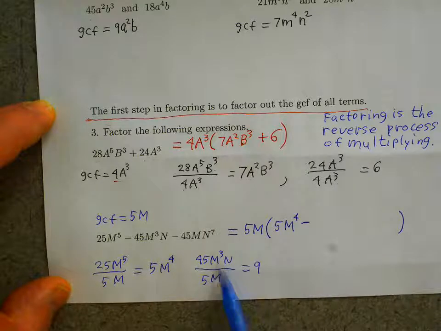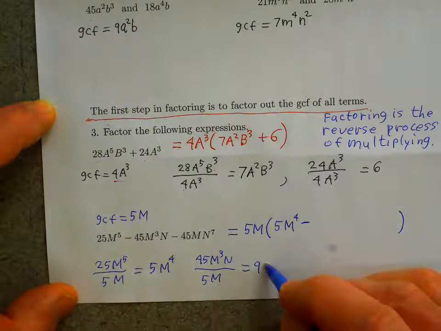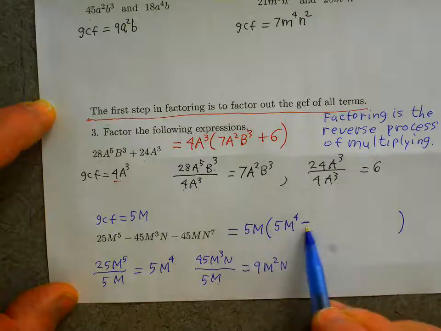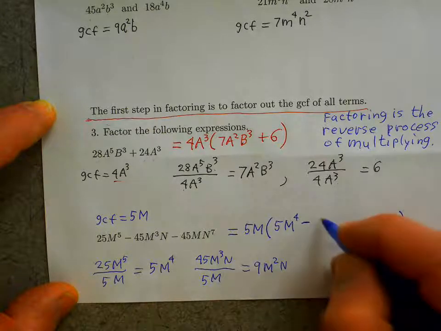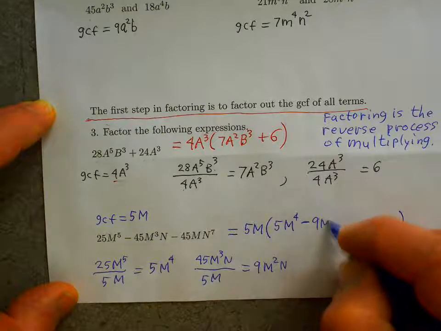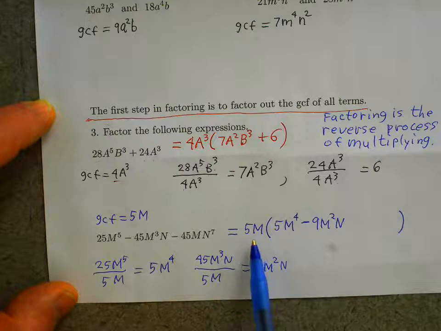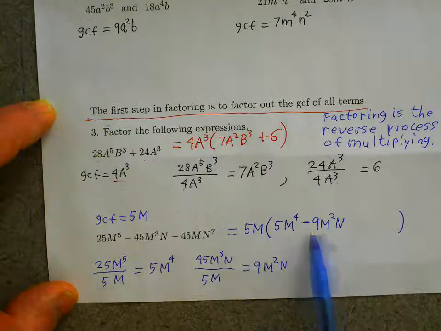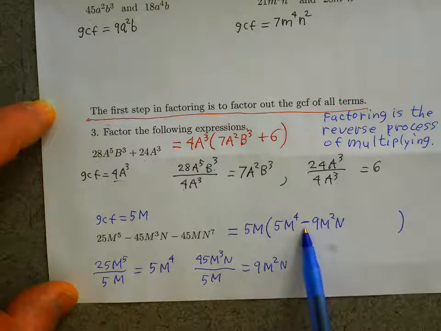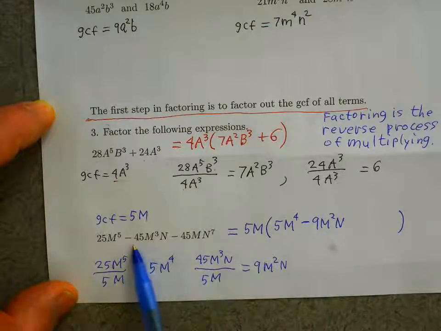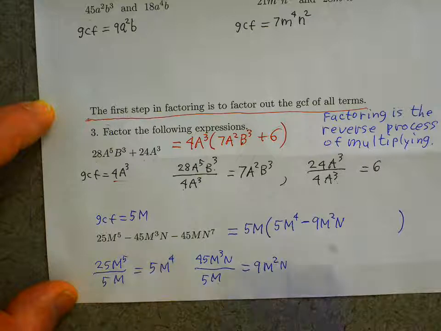M to the third divided by m is m to the second, and n divided by 1 is n. So the next term inside the parentheses is minus 9m to the second n. And you can verify just by looking that 5m times negative 9m squared n is negative 45m to the third n.